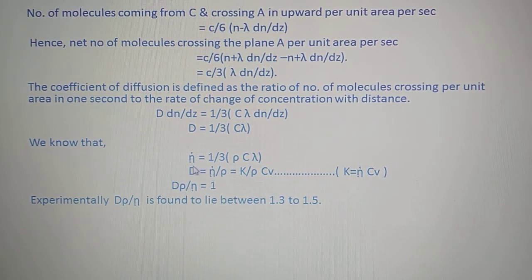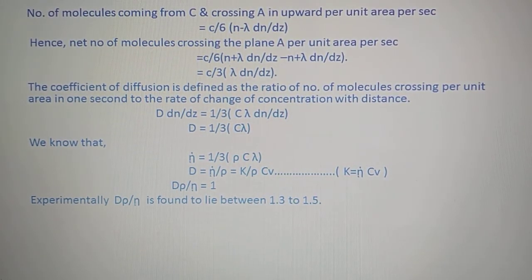And as we know, for eta, the coefficient of viscosity, eta is equal to 1/3 of rho C lambda. If we put a rho here, since here we do not have a rho, then we get D equals eta by rho, right?